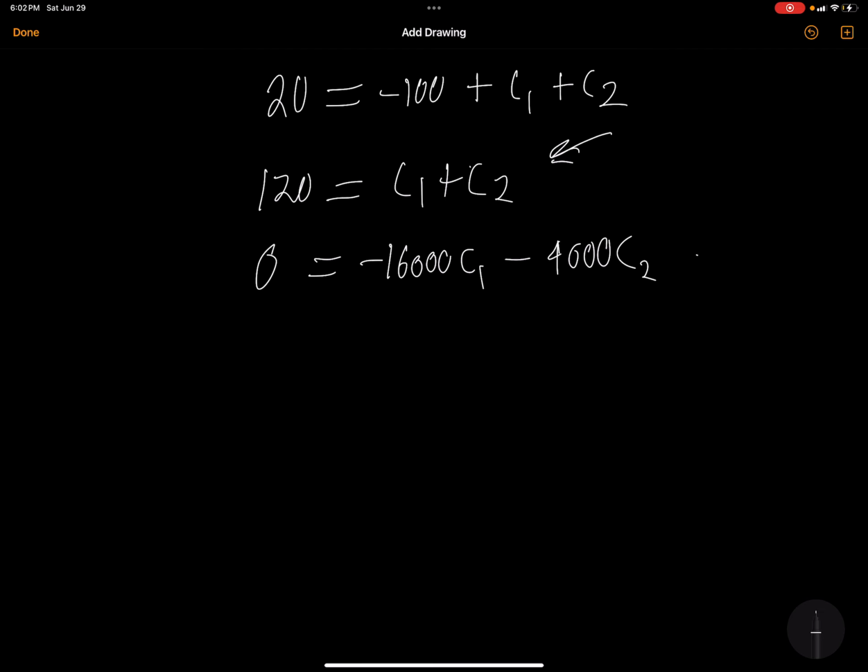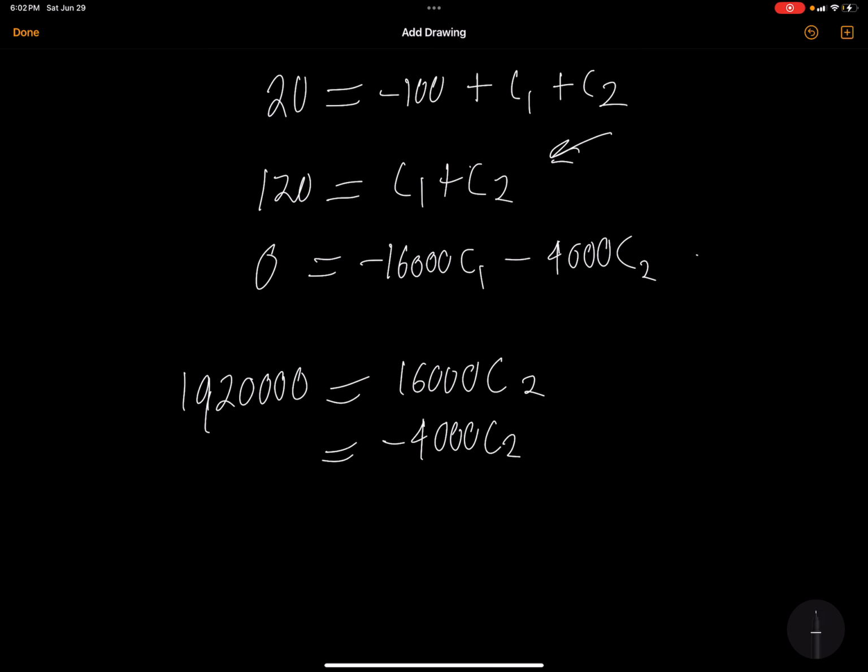We know C1 is going to disappear, so we're not going to worry about it. 192 million equals 16,000 C2 minus 4,000 C2. Add them together. We get that divided by 12,000. We get 160 is equal to C2. Plug that back into the original equation. 120 minus 160. We get C1 as negative 40.